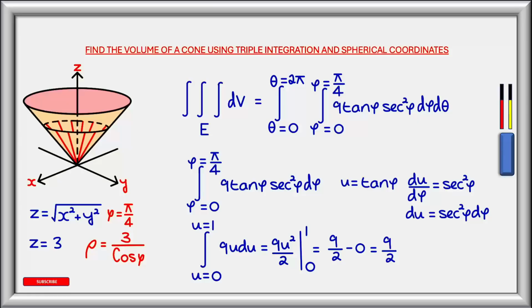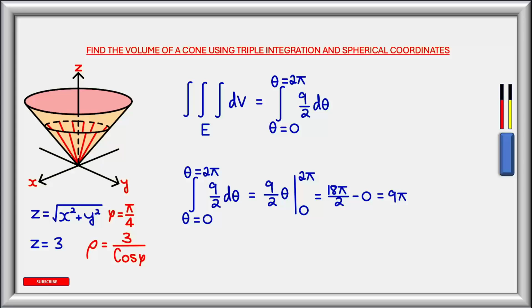If we now make the substitution with u and du and change the limits of integration based on u equals tan phi, we get the integral from u equals 0 to u equals 1, 9u du. And using the power rule, this evaluates to 9u squared divided by 2. And plugging in the limits of integration, we have 9 divided by 2 minus 0, which equals 9 divided by 2.